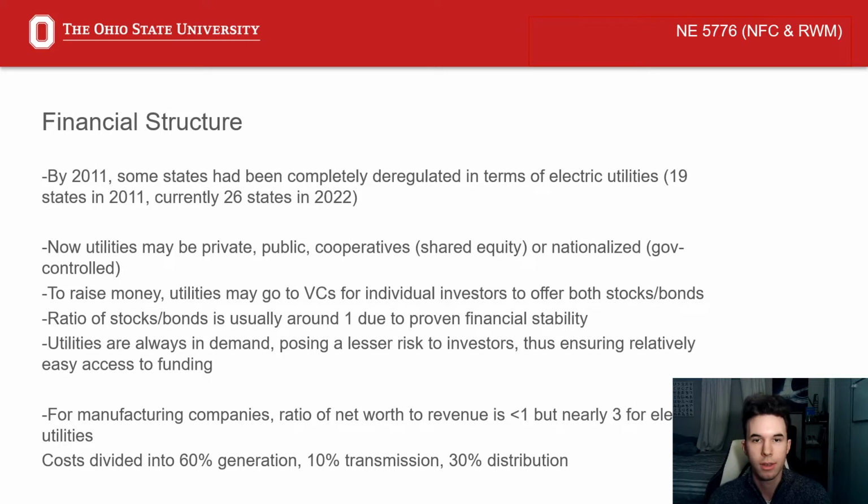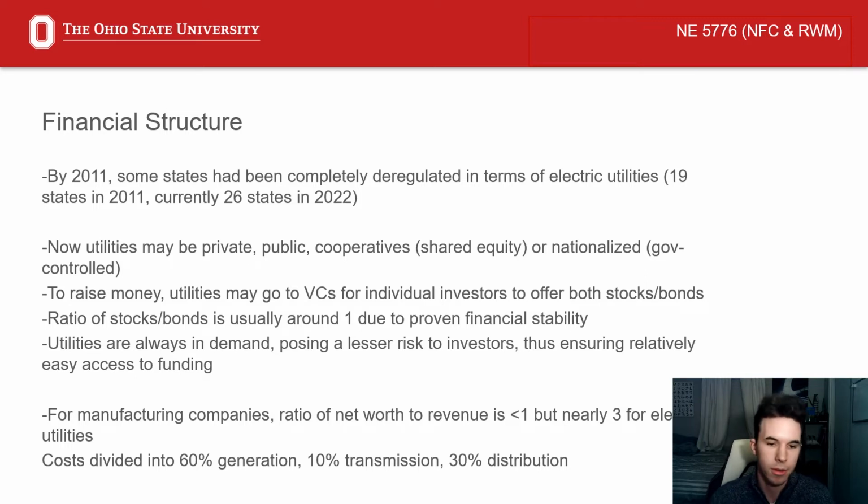So now, utility companies can be private, public, cooperatives, which means shared equity among its users. I mean, everyone has sort of an equal vote, I guess, in the direction of the company. And then nationalized, which would be government controlled. So four main types.